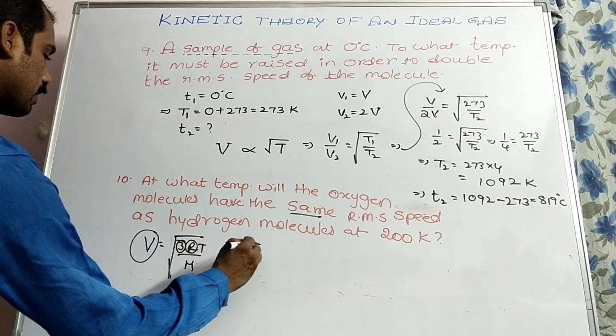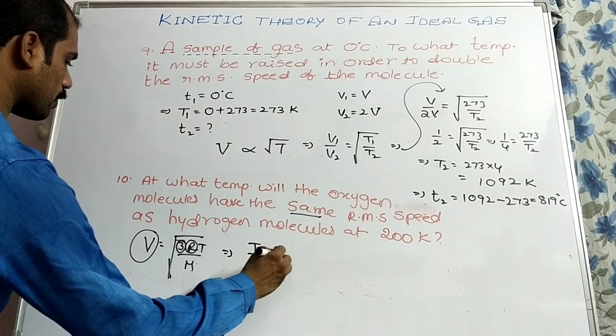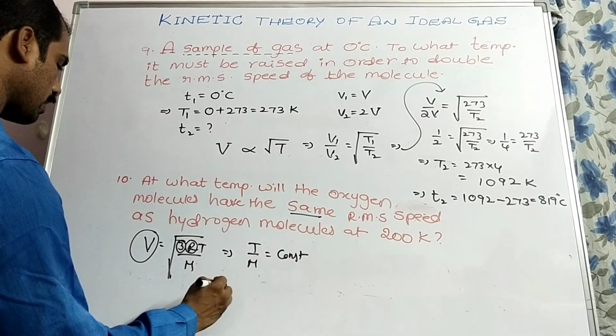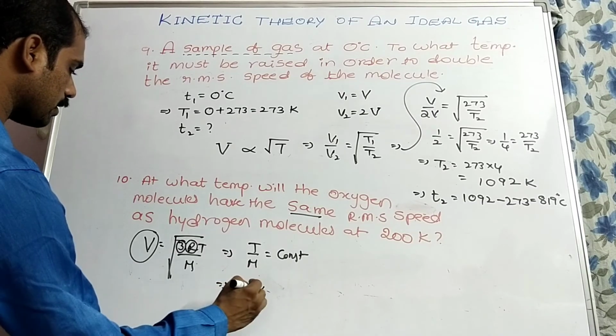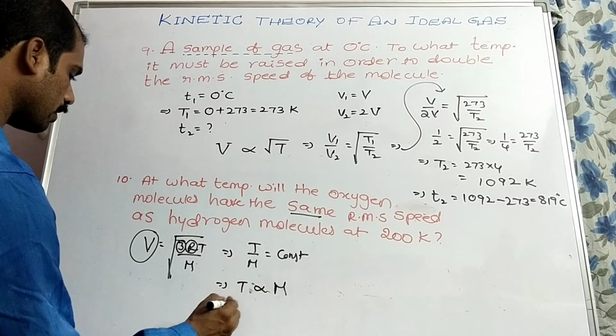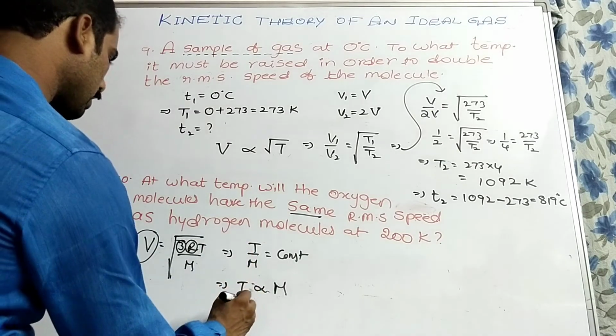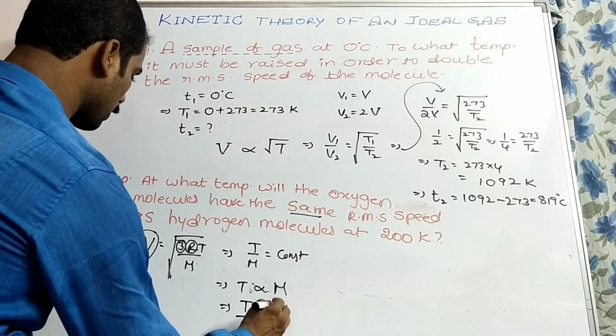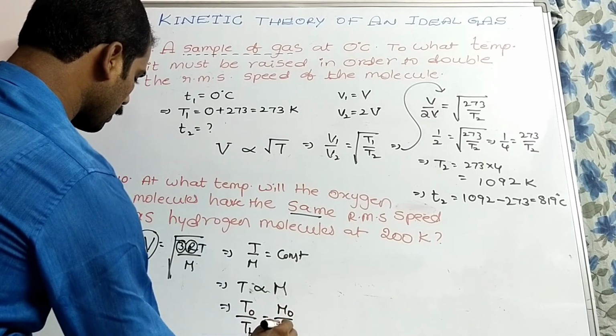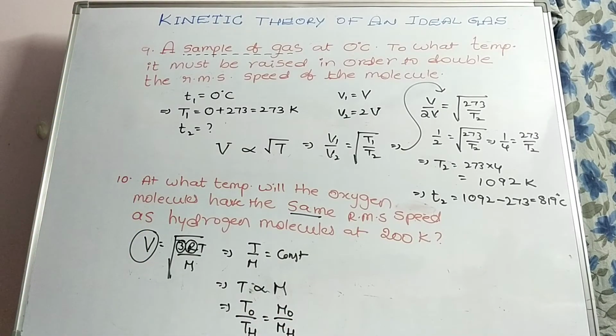That implies T by M is equal to constant. That is, T is proportional to molecular weight. That implies T oxygen by T hydrogen is equal to M oxygen by M hydrogen.